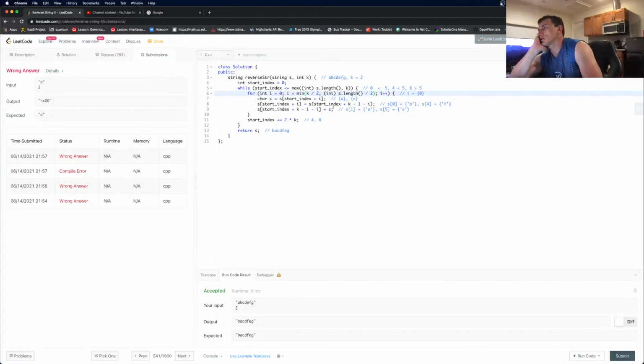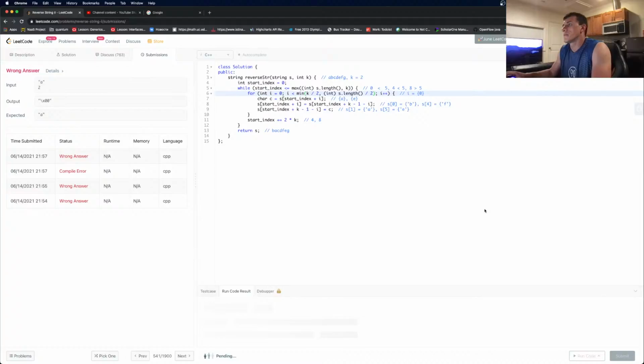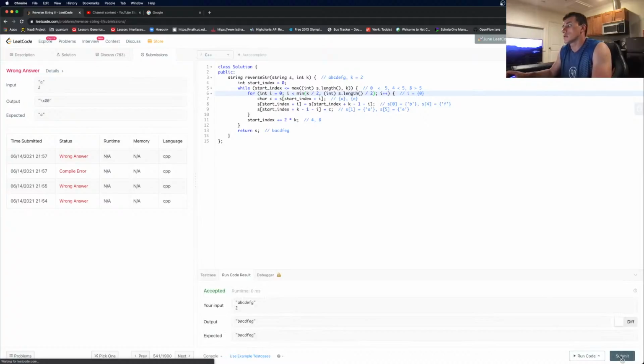To start plus k minus 1. K is 2, minus 1 is 1, so it will take us to 1, which is something outside of us. Whatever. Run the code. And now see if it passes.